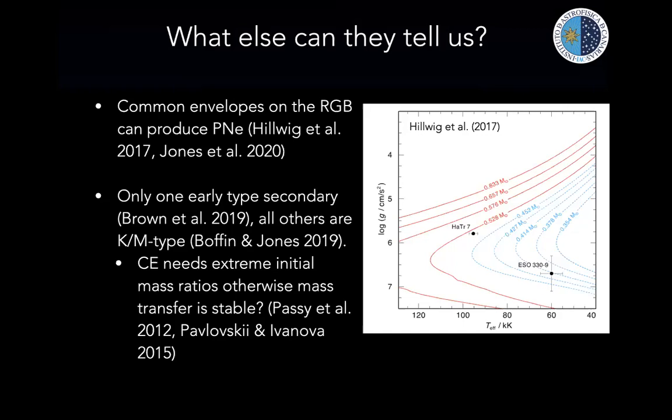And this is a pretty strong indication that some of the theoretical work which indicated that the common envelope can only happen, so the runaway mass transfer will only happen when the mass ratio, so the mass of the primary compared to the secondary, is very much greater than 1. Otherwise, the mass transfer will actually be stable and the star will manage to adjust. So this is in support of those theoretical findings.